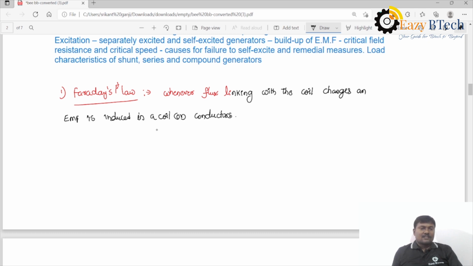The magnitude we generally determine from Faraday's first law only.